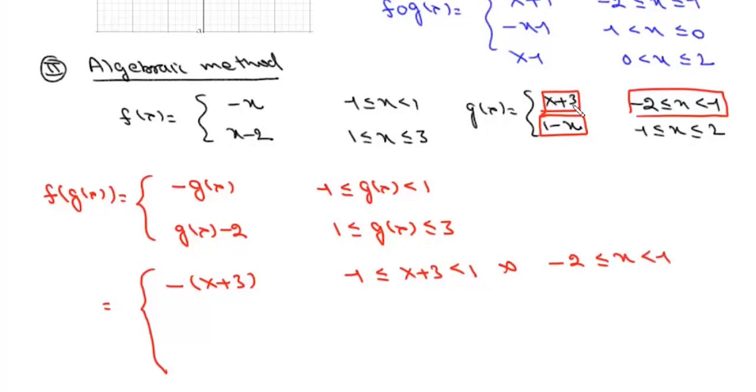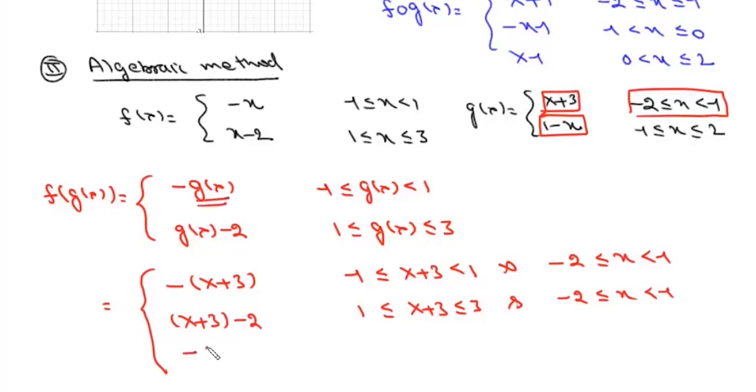Now we'll put this x plus 3 in the second definition. So it will be x plus 3 minus 2, when 1 is less than x plus 3 less than or equal to 3, and again where x lies between minus 2 and minus 1. Our next definition is 1 minus x. Now we'll put 1 minus x in the first one.